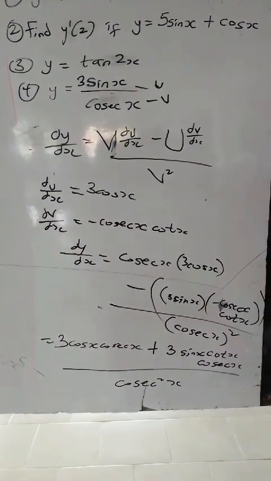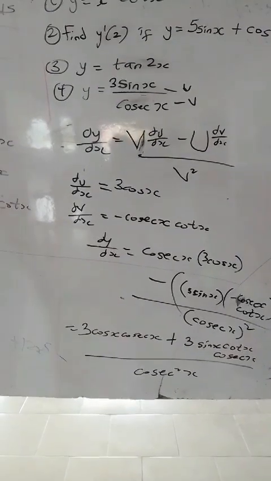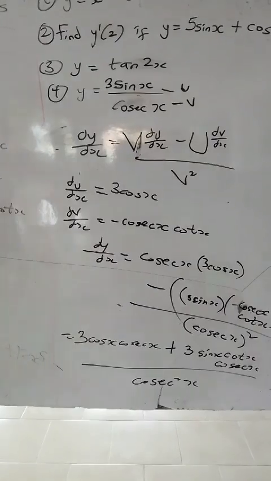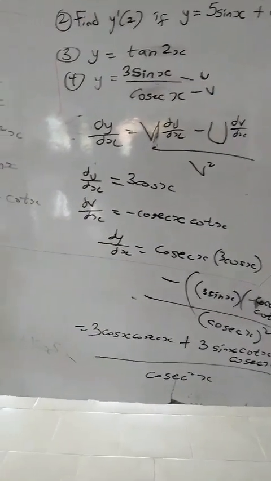But I can see something common in this numerator and denominator. You will realize that your cosec x are both common. Why not factorize it out?